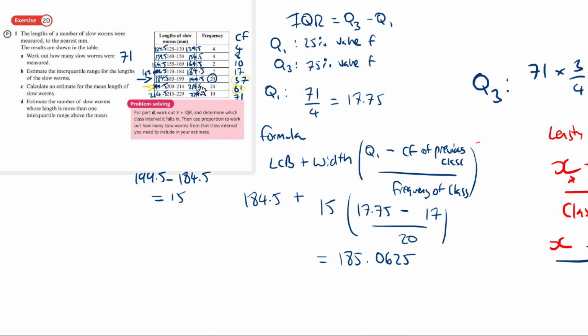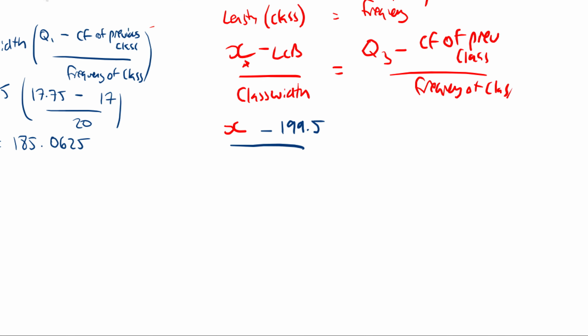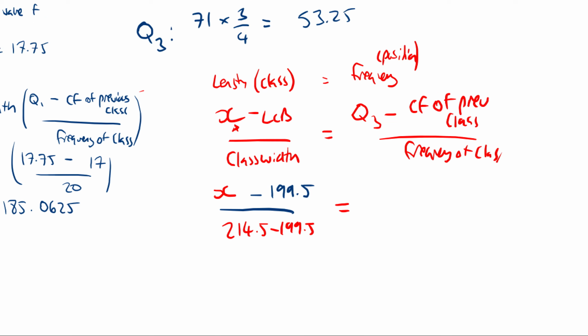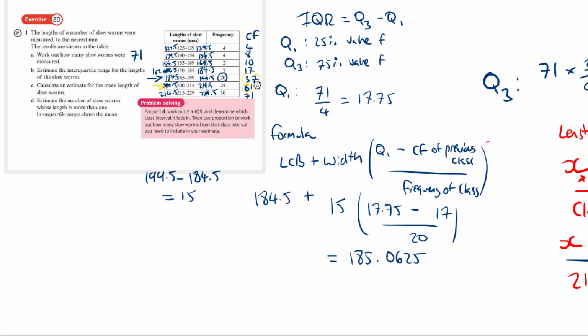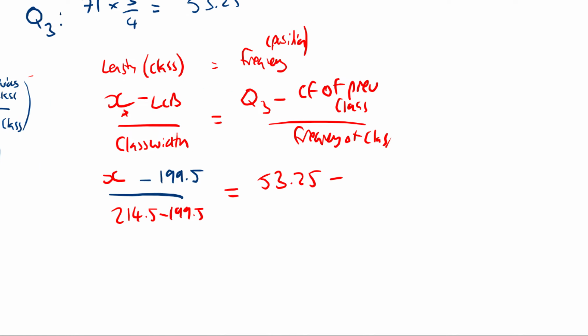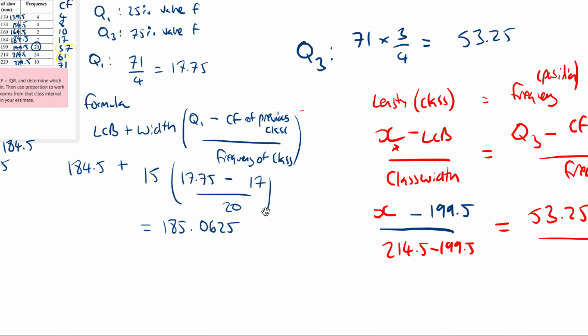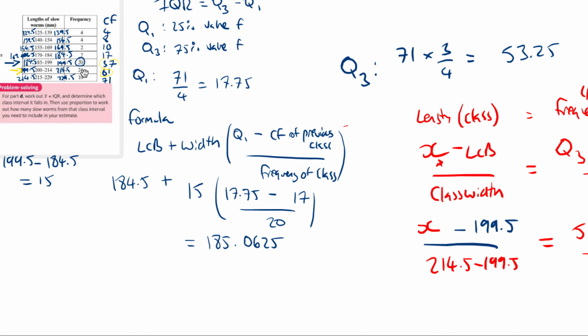Our class width is the upper bound, which is 214.5, minus our lower bound, which is 199.5. So 214.5 minus 199.5, and that's equal to Q3, which we know is 53.25, minus the cumulative frequency of the previous class, which is 37, so that was in the one below, divided by the frequency of our class. In this case, the frequency of this class is 24.